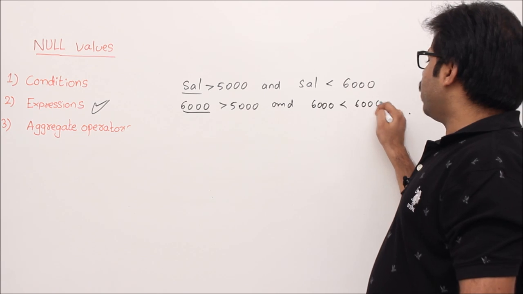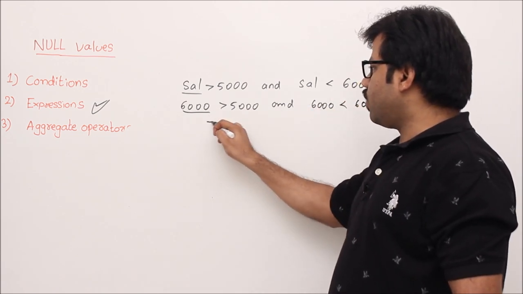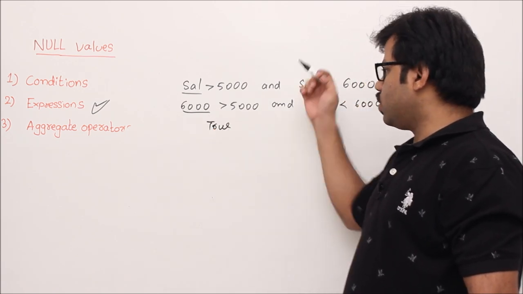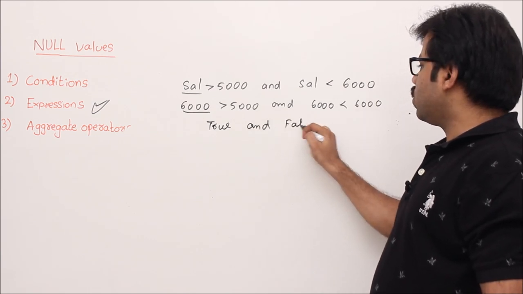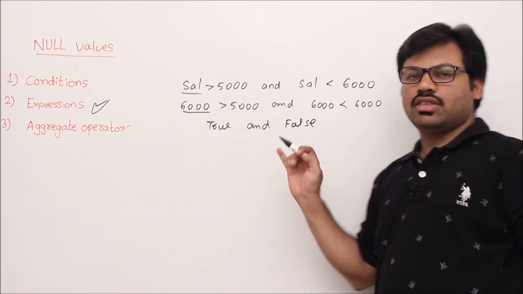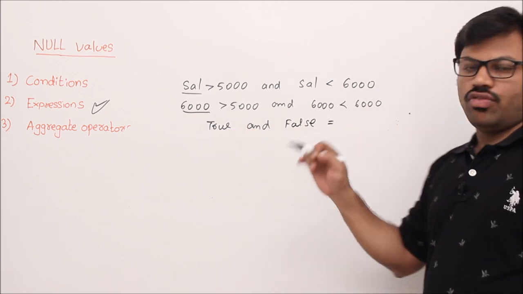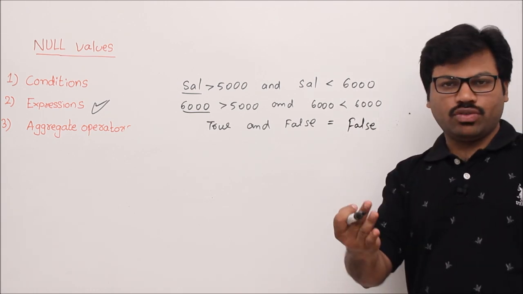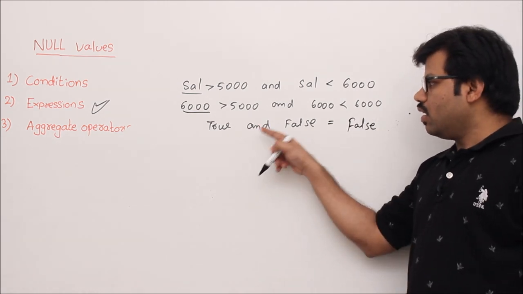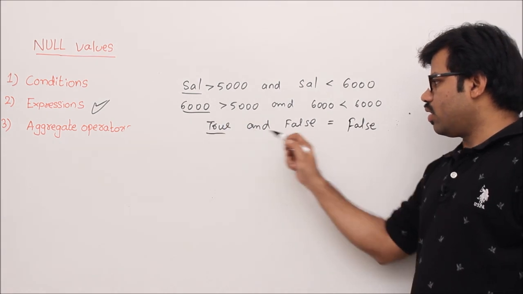For value 6,000, 6,000 greater than 5,000 is true as usual, and 6,000 less than 6,000 is false. So now true and false will be evaluated to what? False. We know that, correct? So here you don't get null, because null is a value, right?